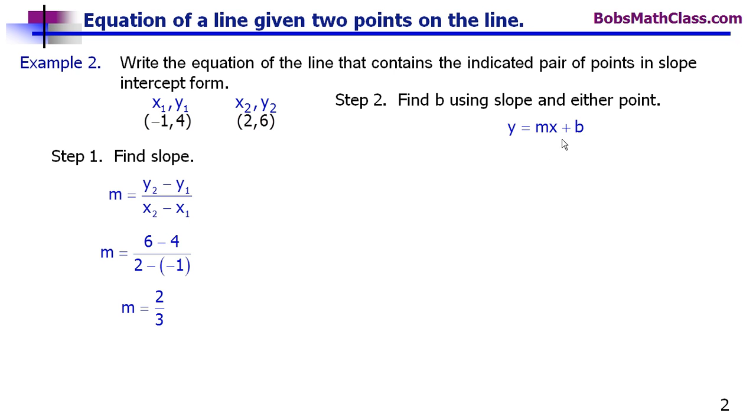We found m, now we're working on b. m is 2/3, and I'm going to use -1, 4. If you want to use the 2, 6 instead because there's not a negative, that's fine, but it does not matter. Okay, so 4 is our y, 2/3 is our m, and x is -1. 2/3 times -1, that's just -2/3.